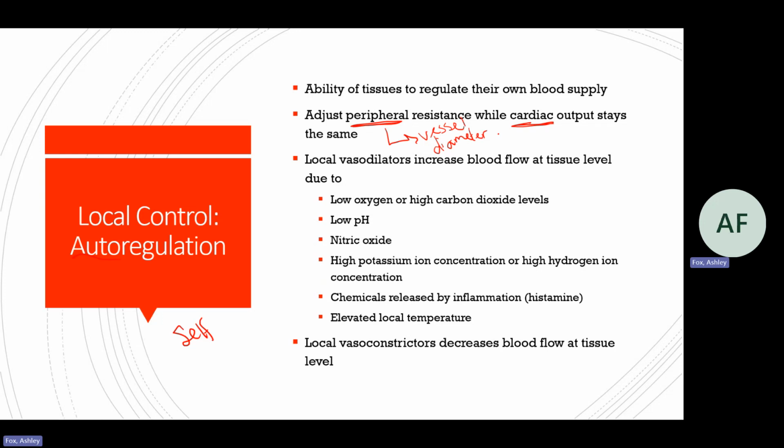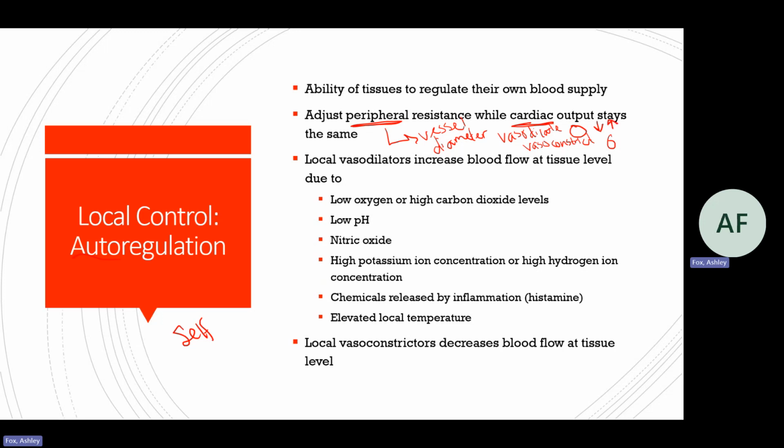So what are we going to do? We're either going to vasodilate, which is increase the diameter of the blood vessel, so make it larger, or we're going to vasoconstrict, and that's going to make the diameter of the blood vessels smaller. So remember, vasodilate is going to decrease resistance, which increases blood flow.